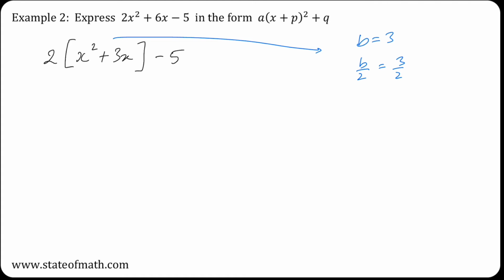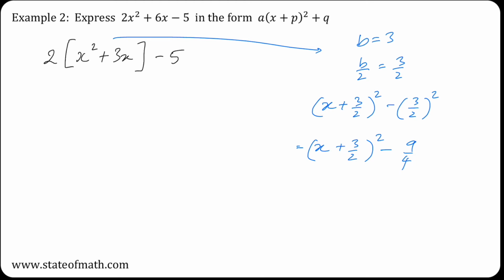Applying the formula I mentioned before, this will give us x plus 3 over 2 squared minus 3 over 2 squared. And if I expand the second bracket, I will get x plus 3 over 2 squared minus 9 over 4.